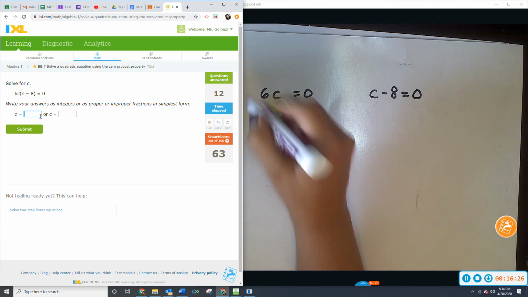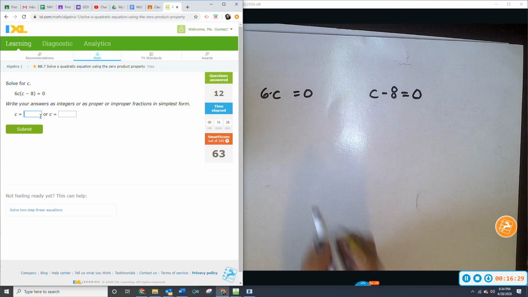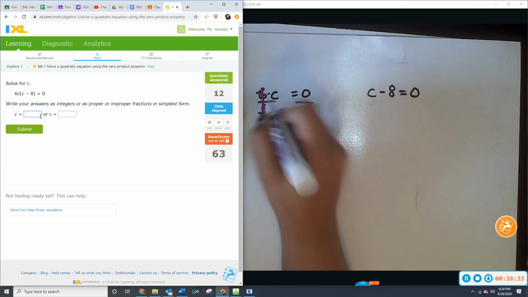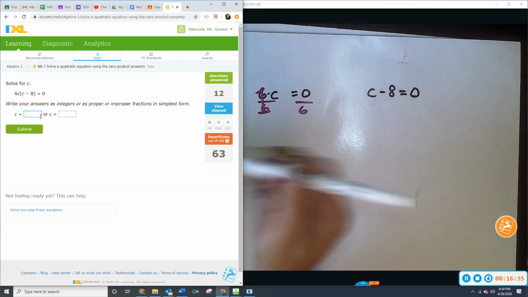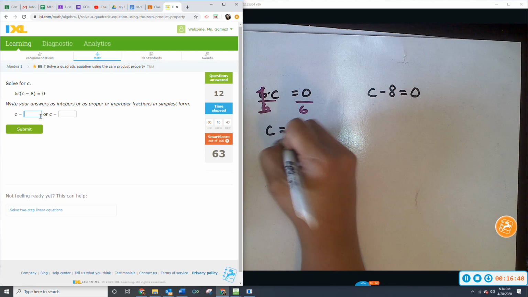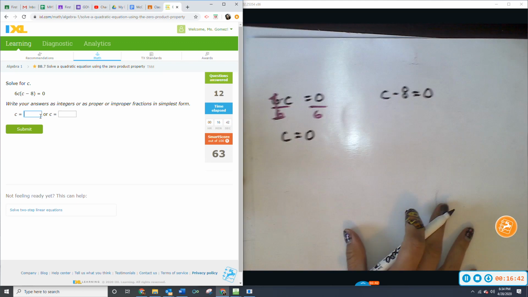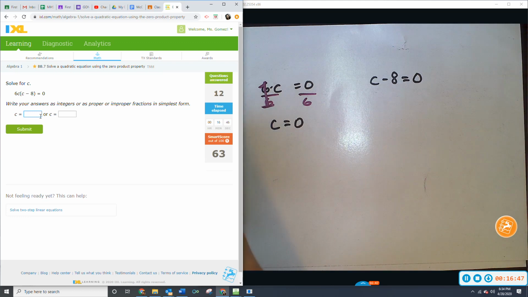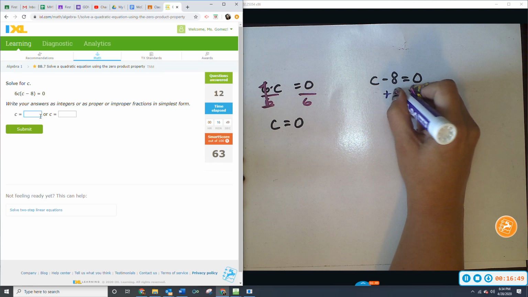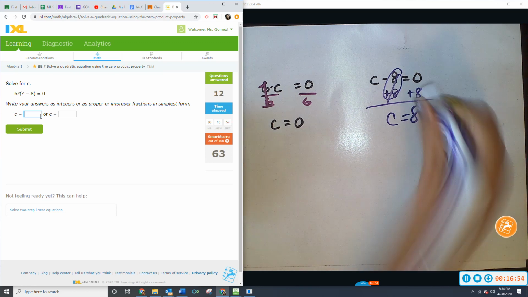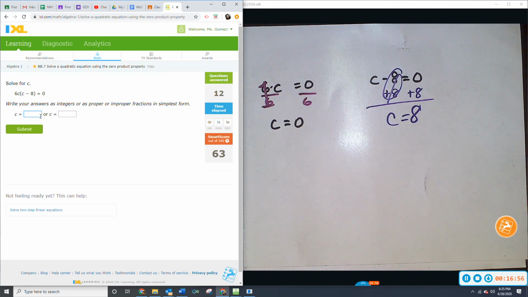Now since they're being multiplied together, the inverse operation would be to divide. The thing is, 0 divided by anything, it's still a big fat 0. So it really didn't change anything. That's why I was saying it's not any more difficult, just a little different. And of course I would add 8 to both sides, leaving me with c is equal to positive 8. So that's going to be 8 and 0.